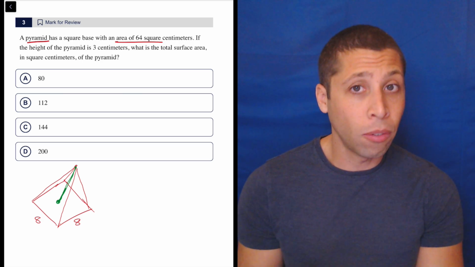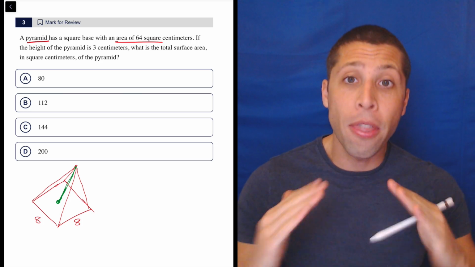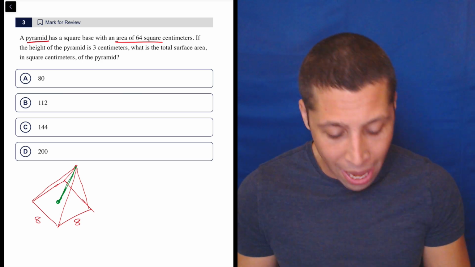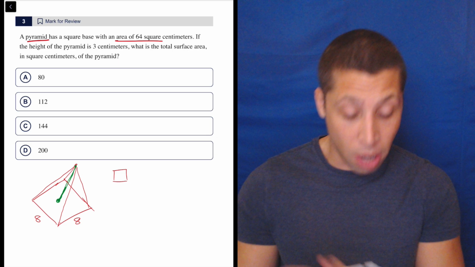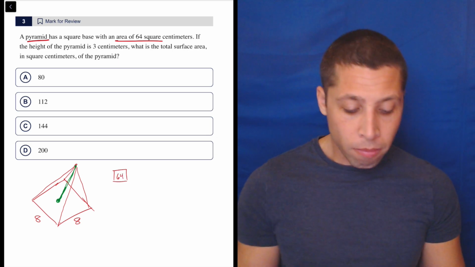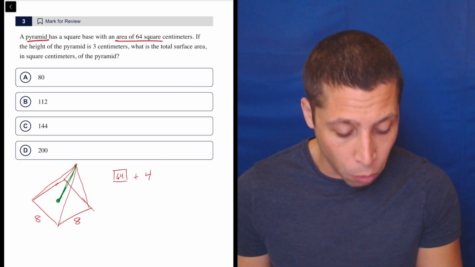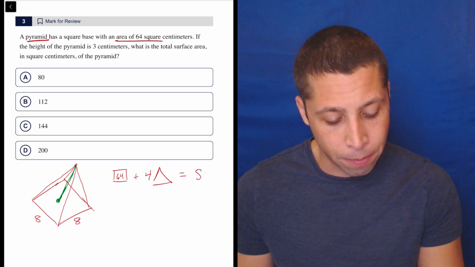But if we're thinking about surface area, we need heights that are on the faces of this pyramid. So we basically have two things going on. We're going to have the square, whose area is 64, plus the pyramid has 4 triangular faces. That's going to give us the total surface area.